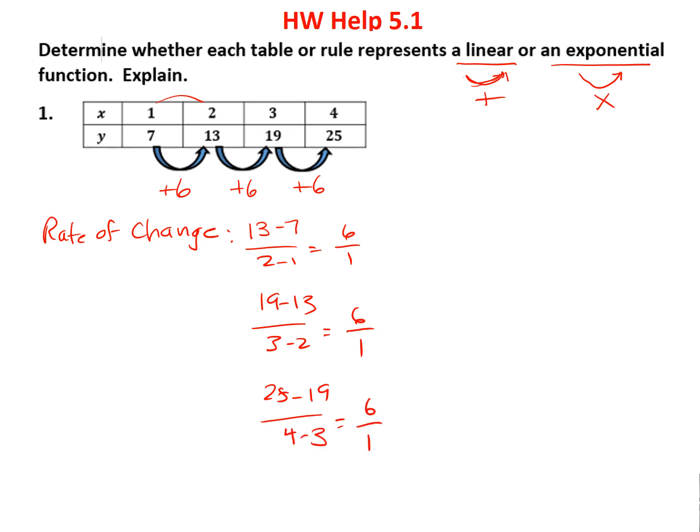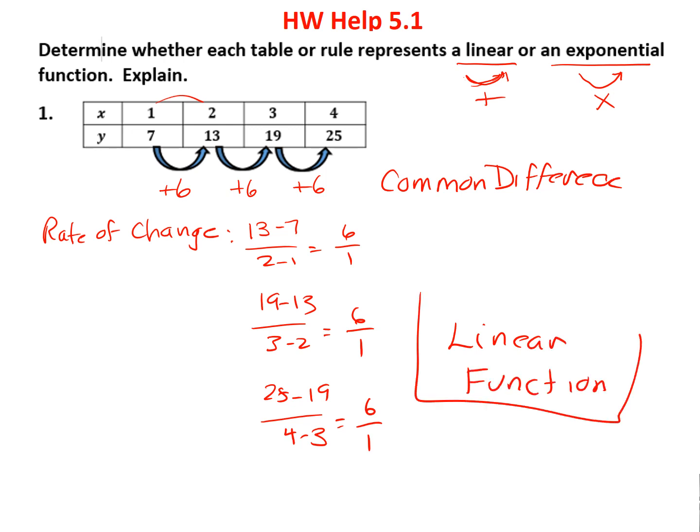I have a constant rate of change. Sometimes we call this also a common difference. You remember that from our sequences. And so when you have a constant rate of change, this means you have a linear function. So the first one here is a linear function.